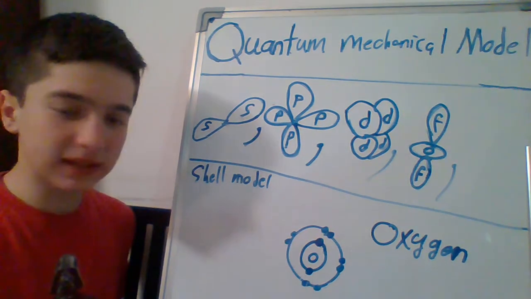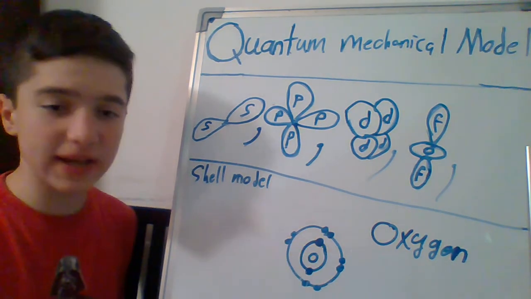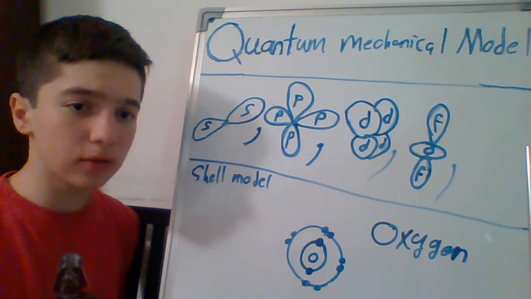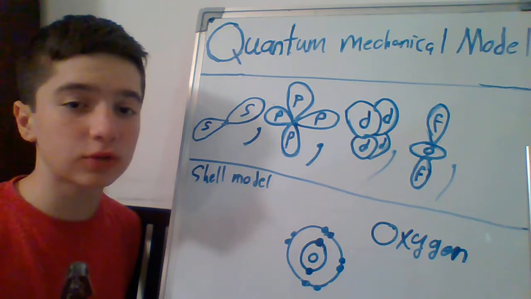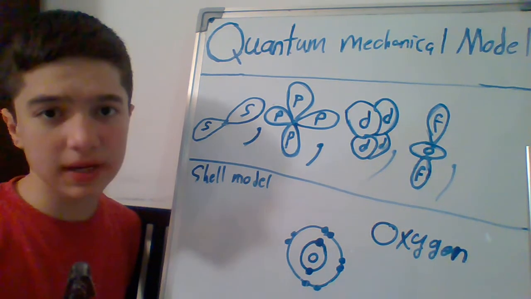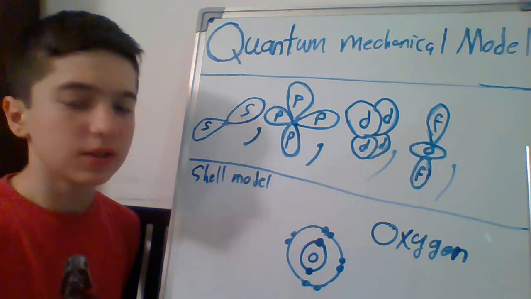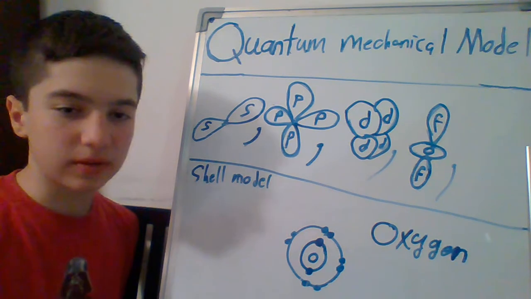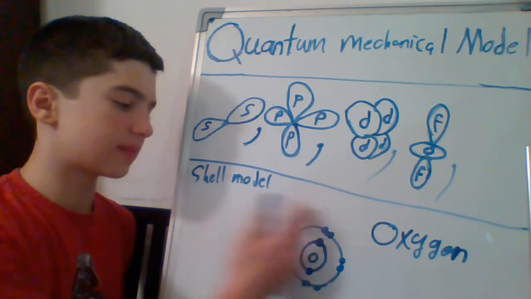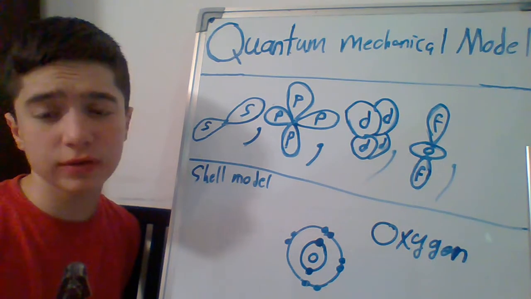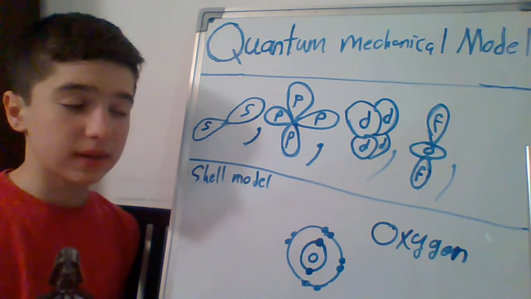It's wrong to say that the second shell can fit 8 electrons, because we have orbitals, and an orbital can fit a maximum of 2 electrons with opposite spin, the clockwise spin and the counterclockwise spin. So the old model is not fitting the spin; it talks about shells fitting 8 electrons, not orbitals.